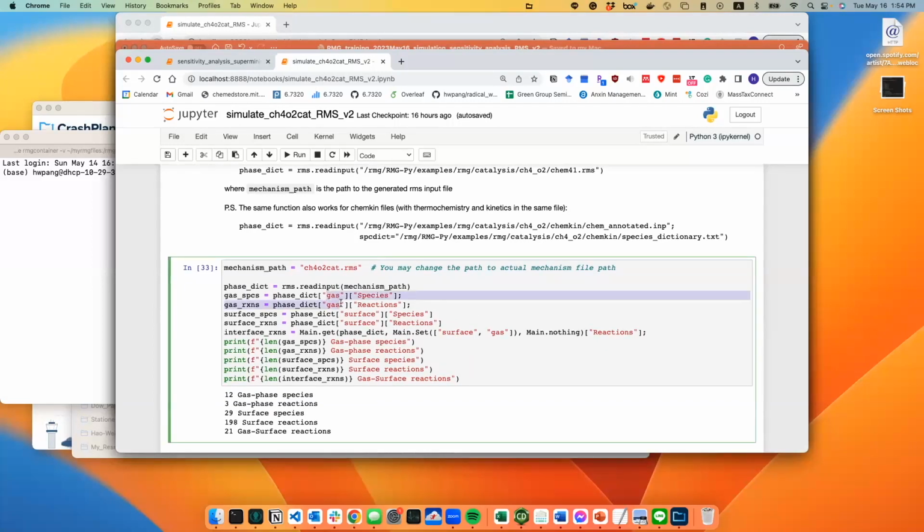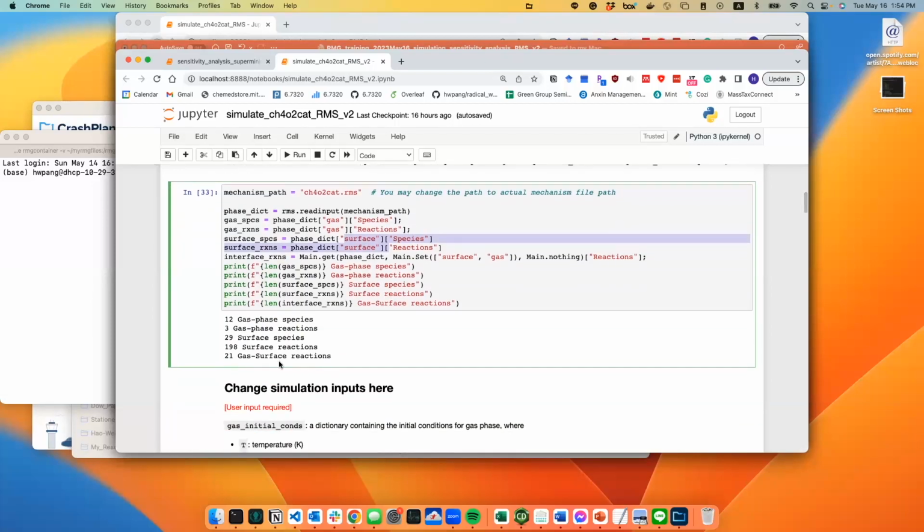First, it will try to load the gas phase species and reactions, and then it will load the surface species and reactions. This part is trying to get the interface reactions from the mechanism file. So here it prints out that we have 12 species in gas phase, 3 reactions in gas phase, 29 surface species, 200 surface reactions, and 21 cross phase reactions.